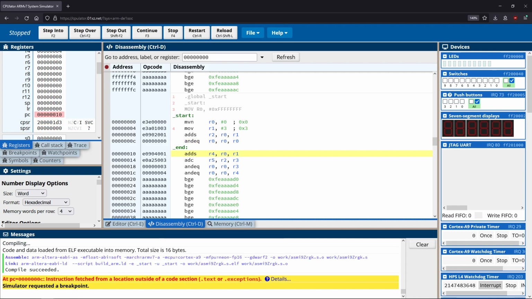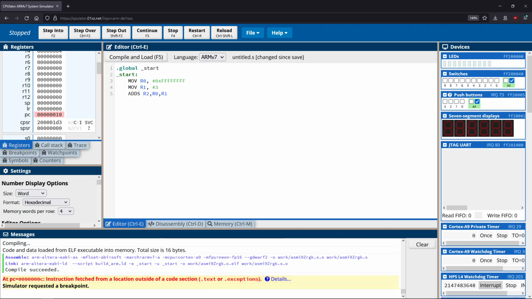So if we want to add a carry operation, then we need to use the ADC operation. What this will do is add a carry to a result. What I mean by that is, if we were doing this operation here, the result would be R2 equals R0 plus R1 plus the carry.